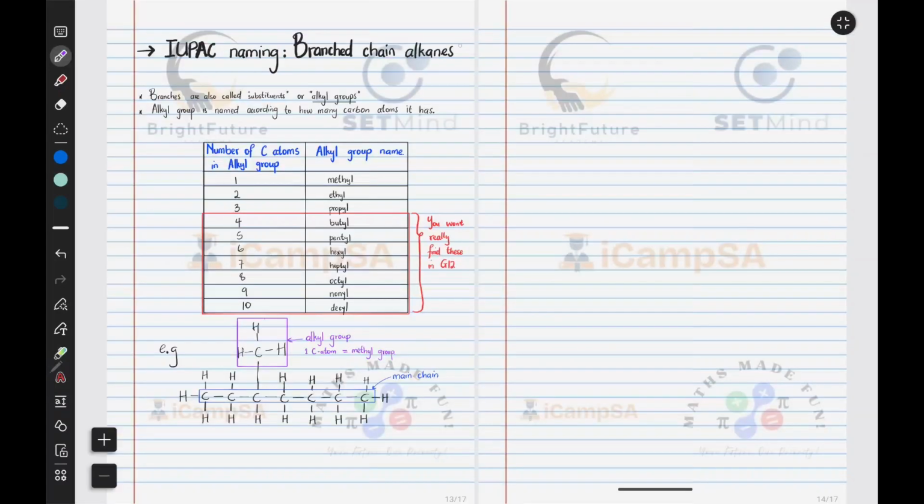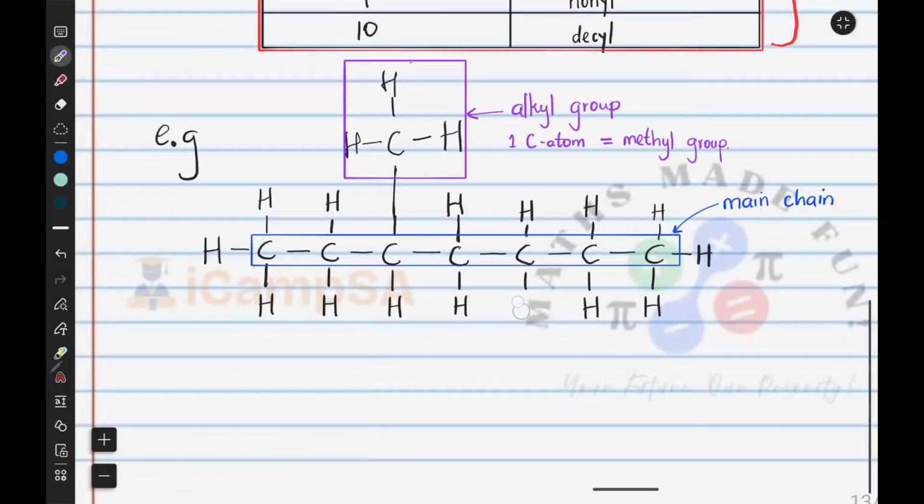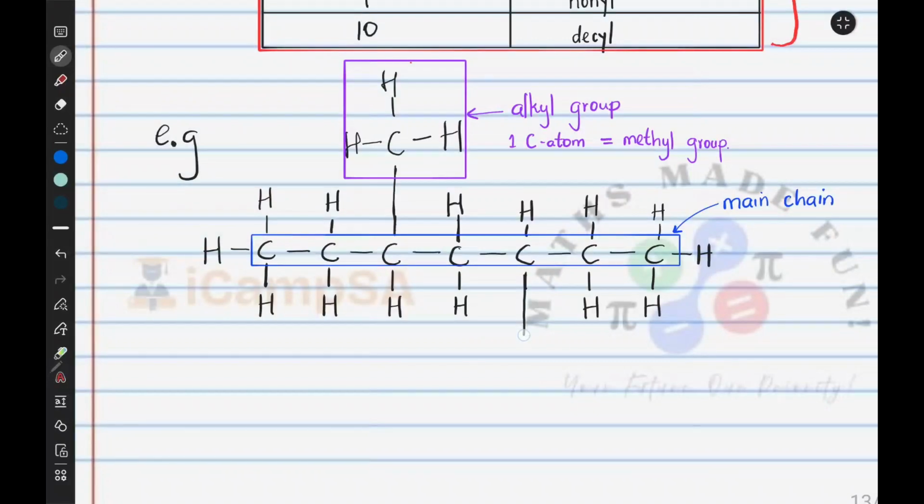Okay, so that's one thing about branches when it comes to naming branched chain alkanes. Another thing that you must understand is, you see these alkyl groups or these branches, they can repeat. It doesn't have to be one branch. In an event where they do repeat, it might be the same alkyl group repeating, which means, let's say maybe down the line you find that there's another branch here.